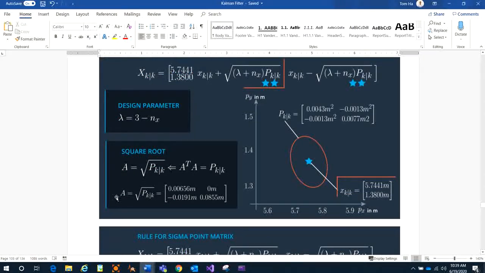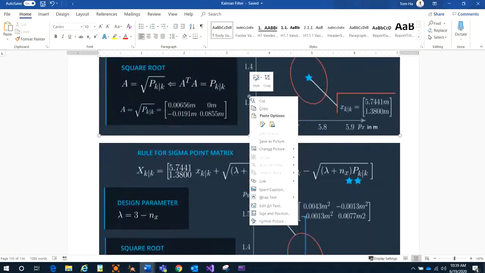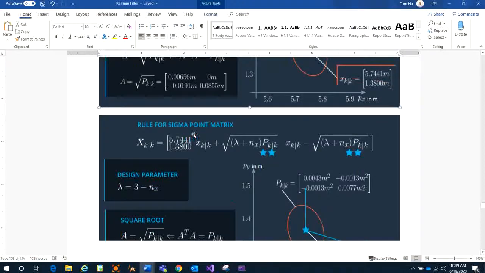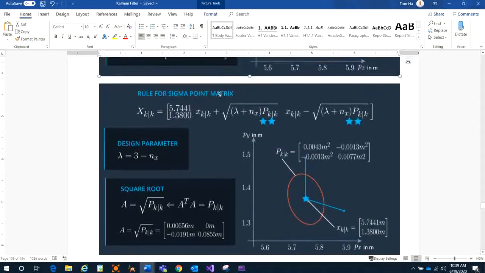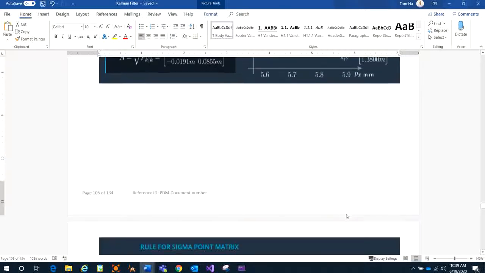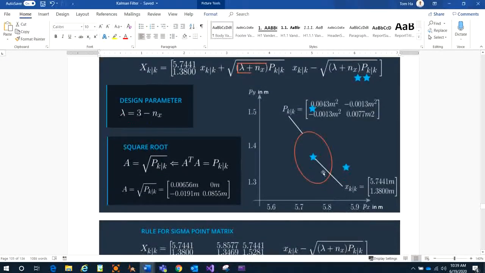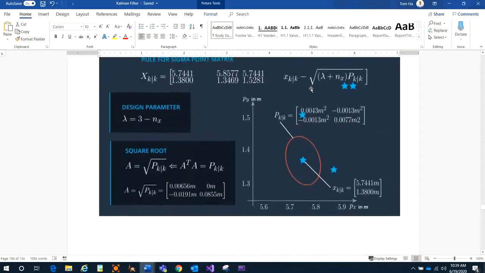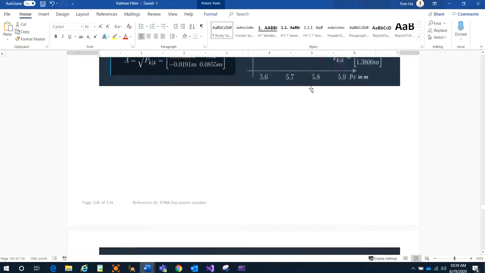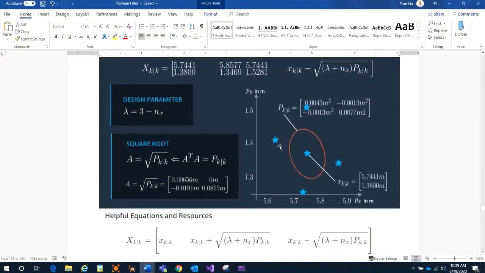Right here, you see we have A equals the square root of the covariance matrix, 2 vectors right here. What we put into the formula right here creates 2 vectors for you. One right here and one right here. And how to find the last two sigma points? You use the same way, and they will generate two sigma points for you right here. Okay, let's plug into the formula.